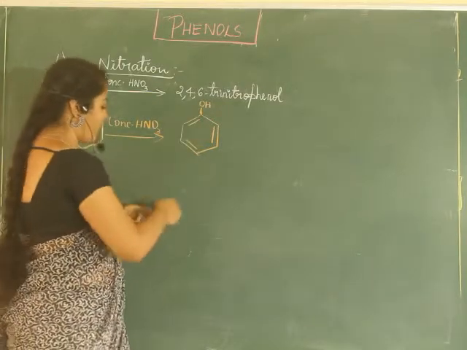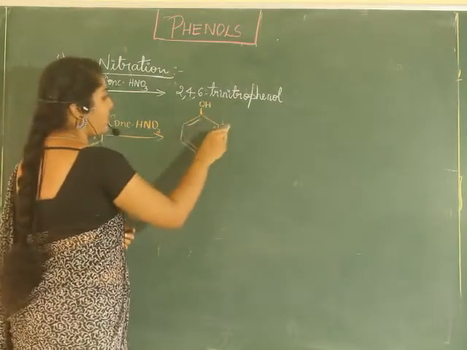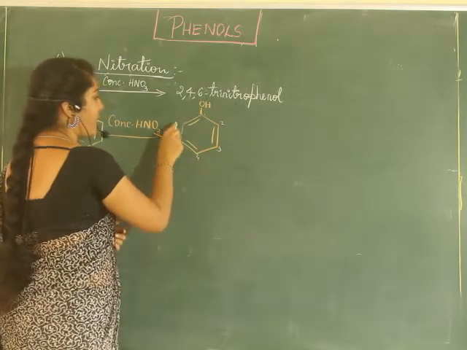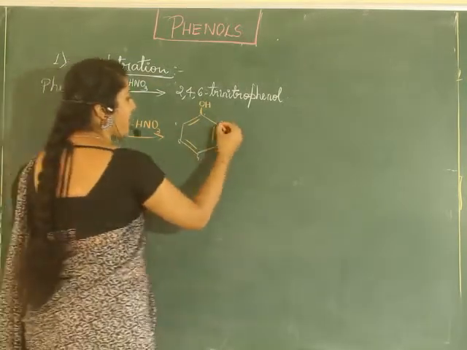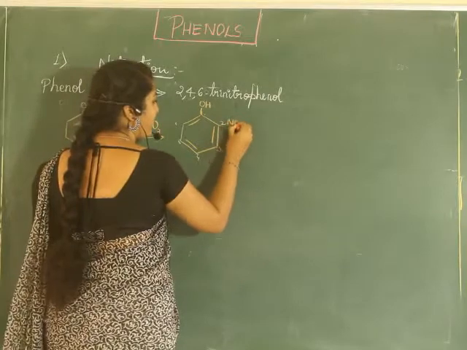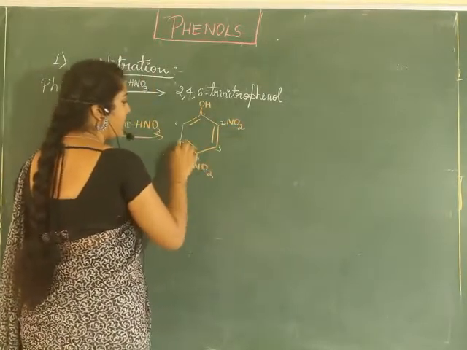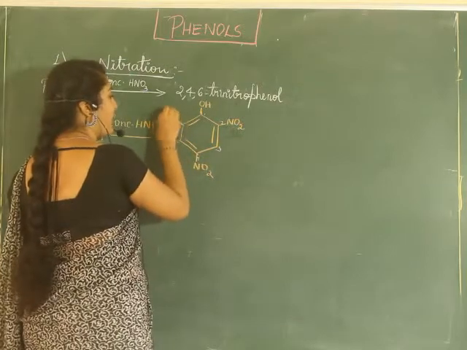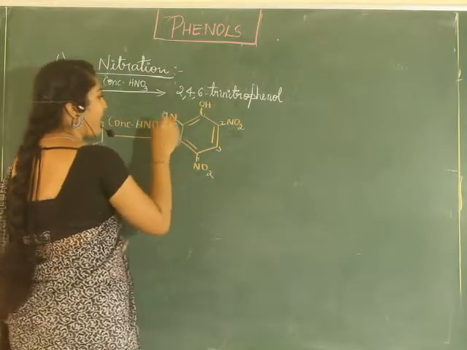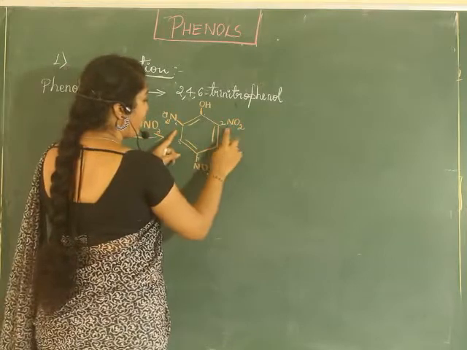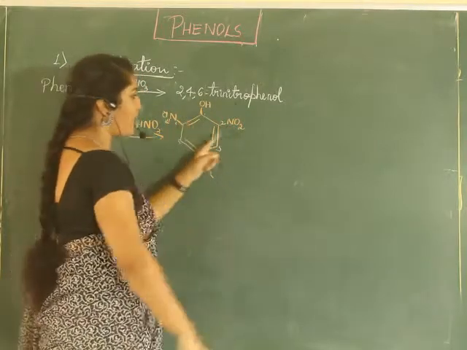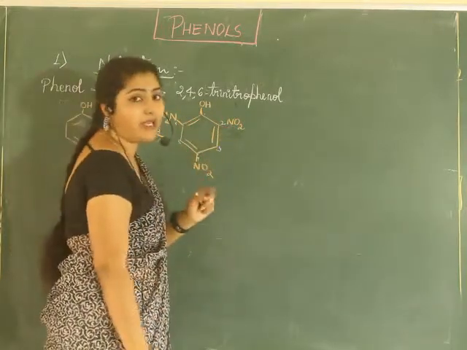And which is the 2 position here? 1, 2, 3, 4, 5, 6. So which positions do you have? Second position, fourth position, this is sixth position, NO2. When you write, see, you have to write nitrogen bonded to carbon, not oxygen bonded to carbon, in the case of nitro group.